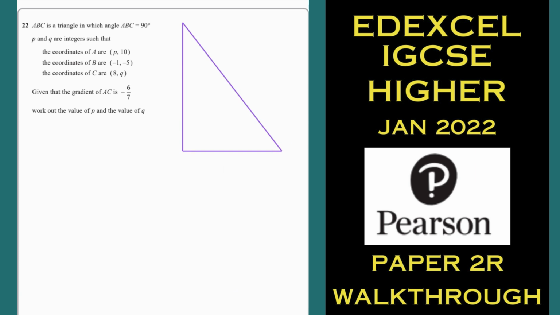So it tells us that ABC is 90, so the right angle is at B. A is the coordinate P, 10. B is -1, -5, and C is 8, Q. We know that the gradient of this line is -6/7.